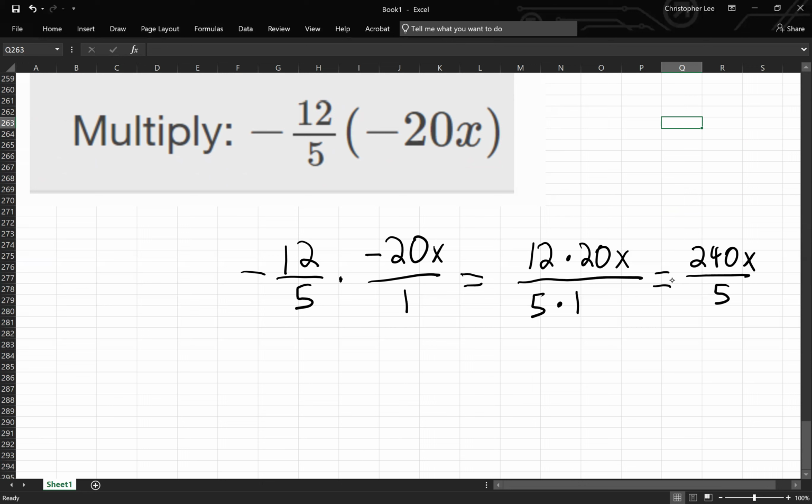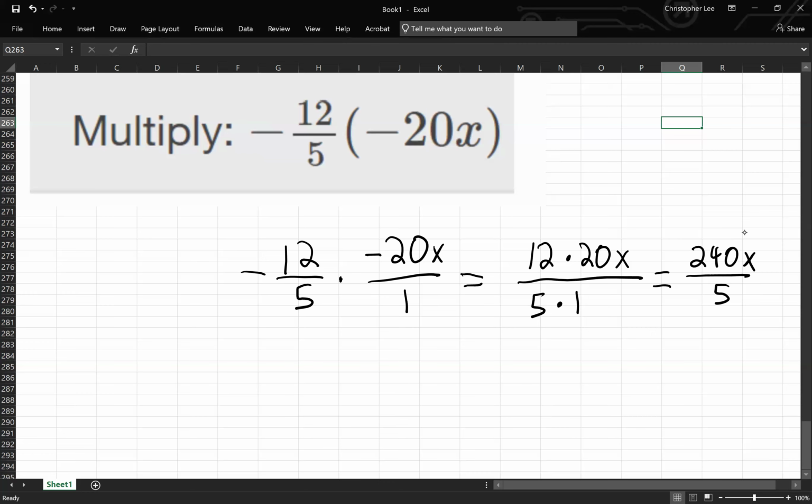240? All right. But now look, I got 240 over 5. I could reduce that, right? So how many times does 5 go into that? 5 going into 24, 240. Feel like it's 48. Am I right?